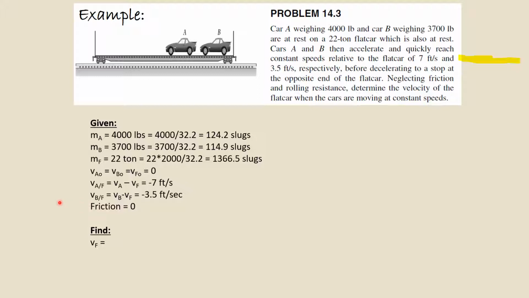So the velocity of A is equal to the relative velocity plus the velocity of the flat car. You can add those vectors together. So there's their relative velocity, and we want to find the velocity of the flat car after these guys speed up to their max velocity and before they slow down. So how would we do that?